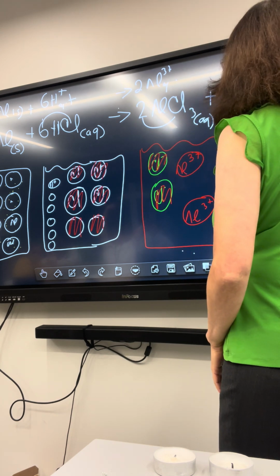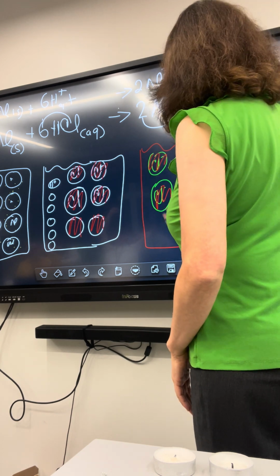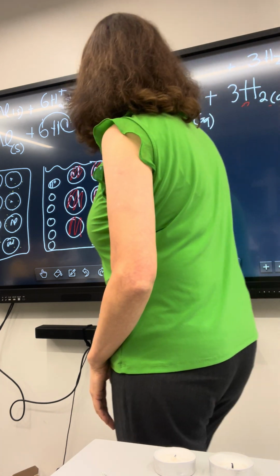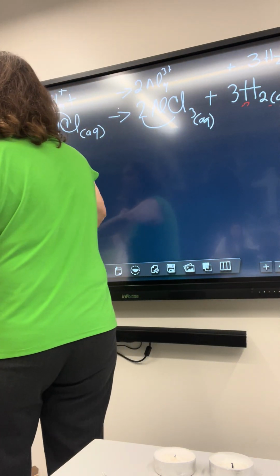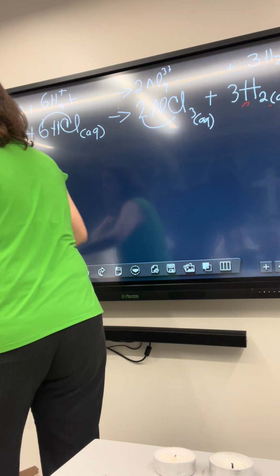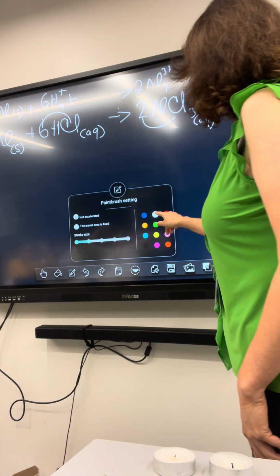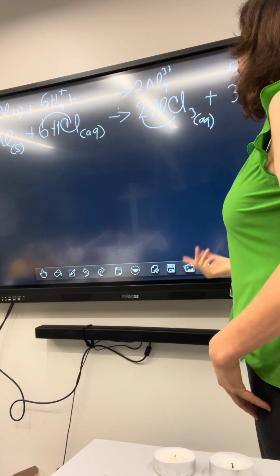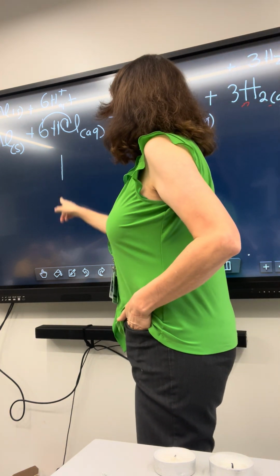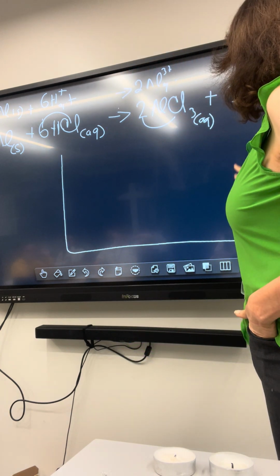So let me do the middle step. But if the middle step confuses you, then I just wanted to show you the whole reaction, which is perfectly fine to write on a quiz. You don't have to write the middle step. Middle step is understanding what happened.